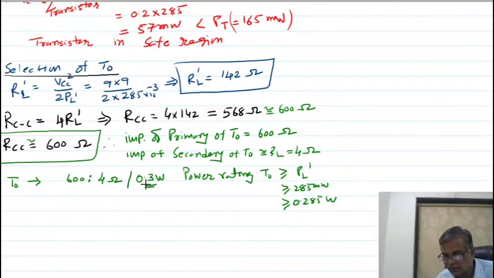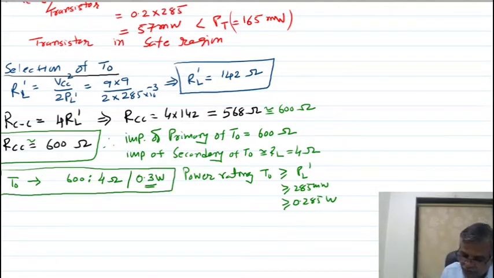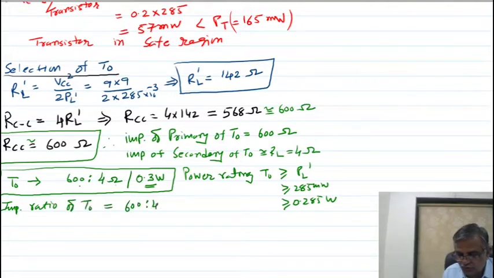So this is your complete design of the output transformer. The impedance ratio of TO is 600 to 4 ohm and the power rating is 0.3 watt.